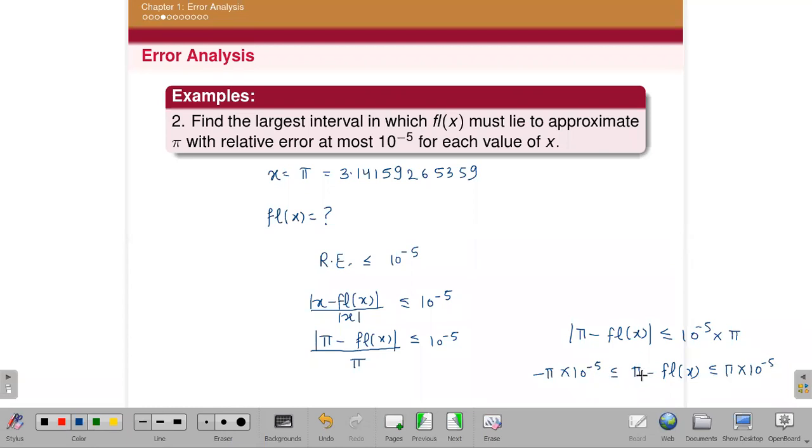So now if I subtract pi from three sides, it will be minus pi into 10 raised to power -5 less than equal to minus FL of x less than equal to minus pi plus pi into 10 raised to power -5. So it is pi into 10 raised to power -5.